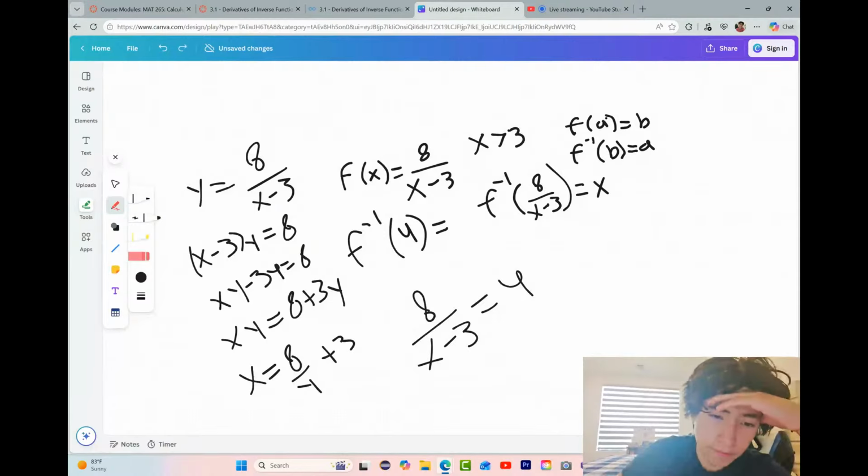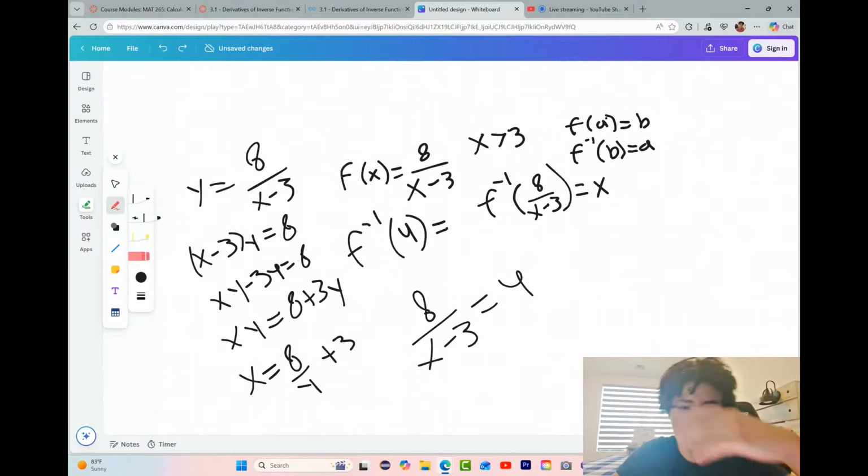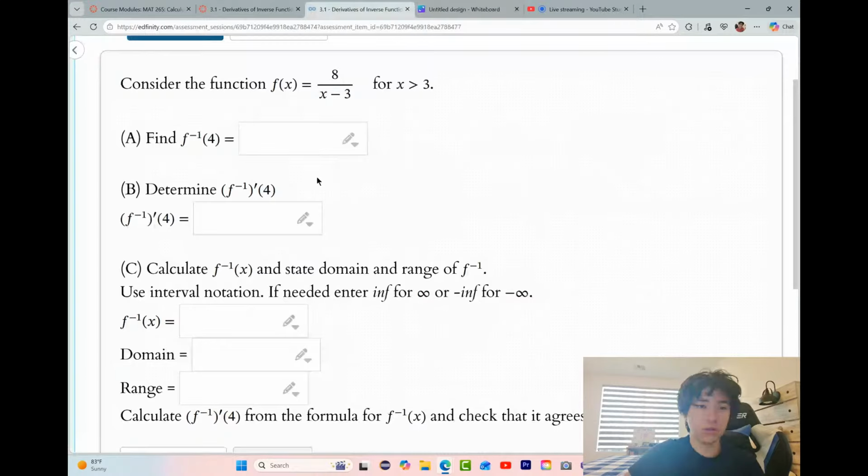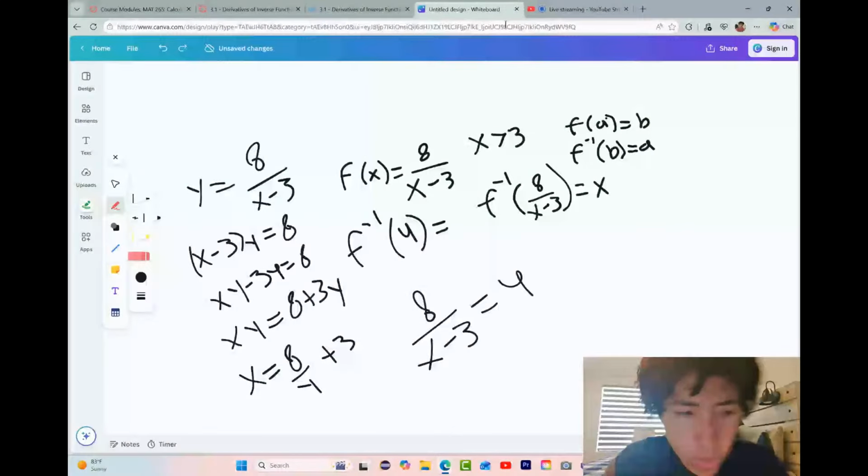Oh, well, I think that we simply plug this in and we get 4, right? So we plug this in, what do we get? 8 over, we just did this. 8 over y plus 3. Okay, y equals 4. So that's going to be, this is a very tough subject.